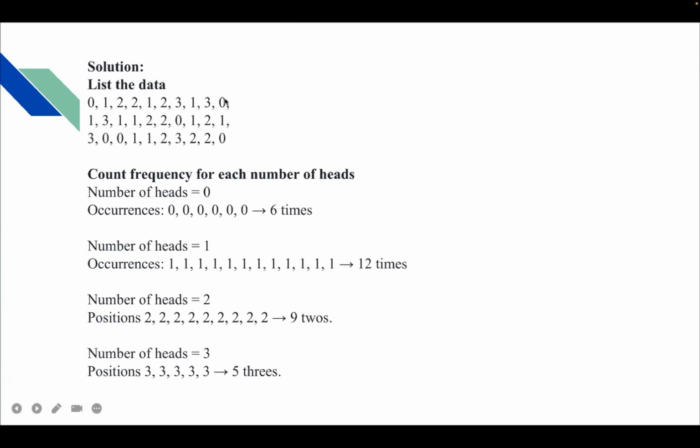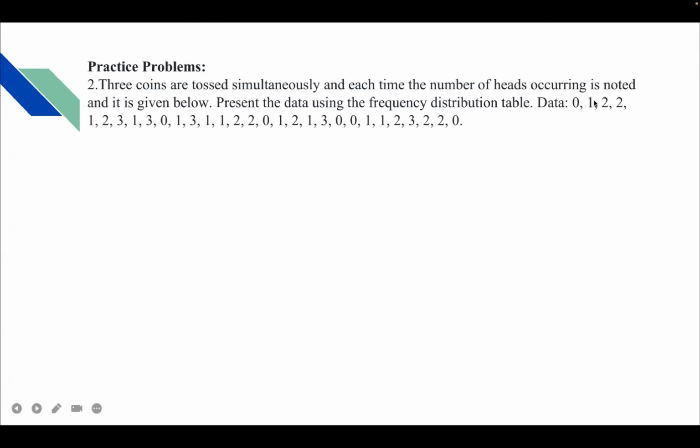For the zeros, we have 1, 2, 3, 4, 5, 6, which is 6 times. For 1, we have 1, 2, 3, 4, 5, 6, 7, 8, 9, 10. I think there's a mistake here. This is also 10, not 12. Wait, so let me go back to the question so that I don't make a mistake. 1, 2, 3, 4, 5, 6, 7, 8, 9, 10.